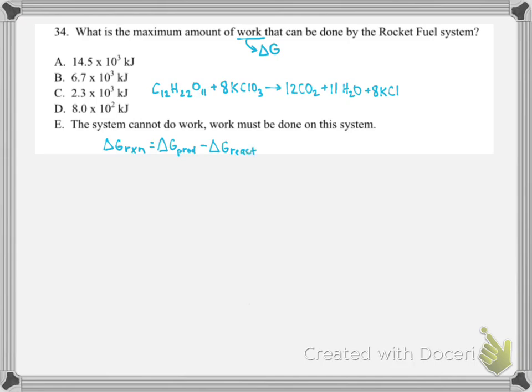Okay. And so on the previous problem they gave us the table of all the values. And so what we'll do is start by saying our products. So we have 12 moles of CO2. And the delta G of formation for CO2 is negative 394.4.